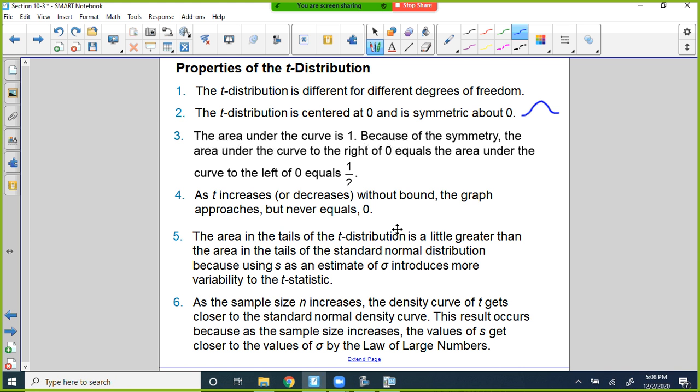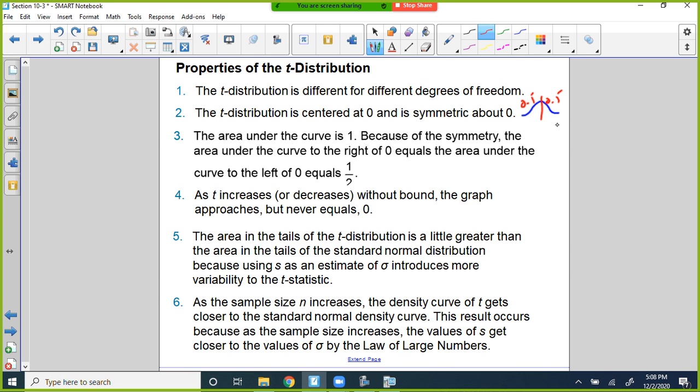The area under the curve is 1 because of the symmetry, and the area under the curve to the right of 0 equals the area under the curve to the left. So basically, it's still normal, right? I've got 0.5 here and 0.5 there, right?